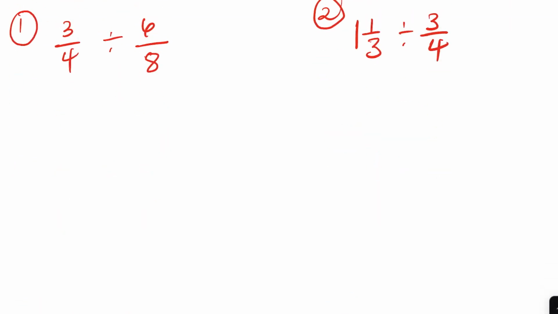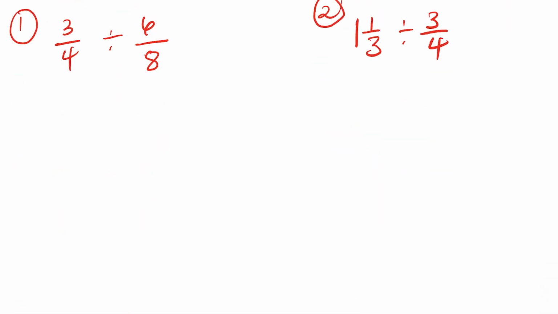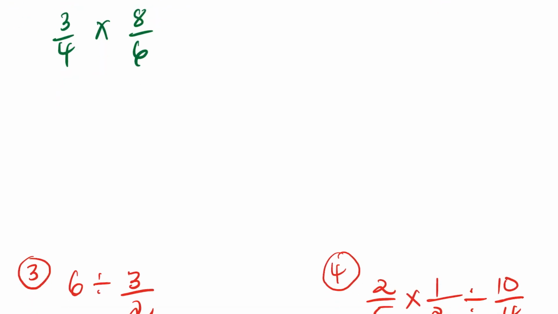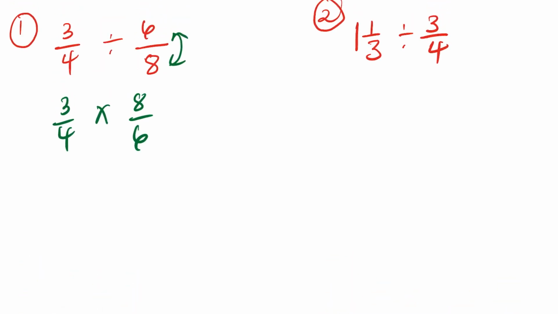Okay, now let's go to the division of a fraction. We have this fraction divided by this fraction, so we write the first fraction there, which is 3 over 4, and then we change the division into multiplication, and then we invert this fraction. So it's going to be 8 over 6. If you're looking at this numerator and this denominator, there's a common factor which is 3.